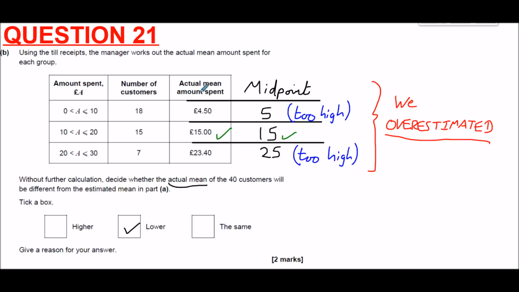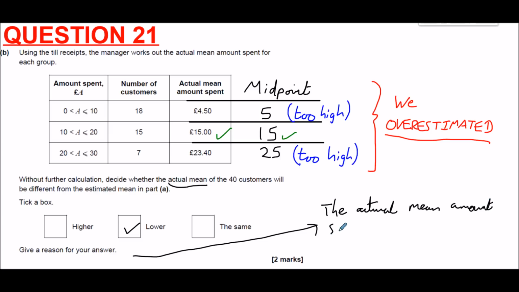Reason for the answer: the actual mean amount spent per group was lower than my estimated midpoints.